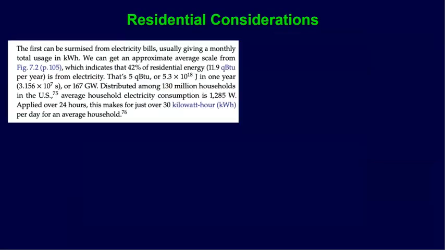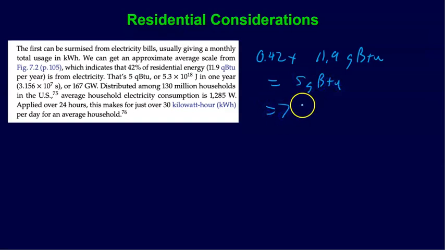So that would mean 42% of 11.9 Q BTUs. So 0.42 times 11.9 quads gives us about 5 Q BTUs, which you can convert over to joules, which is 5.3 times 10 to the 18 joules.